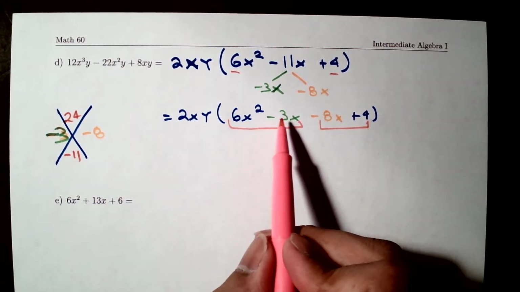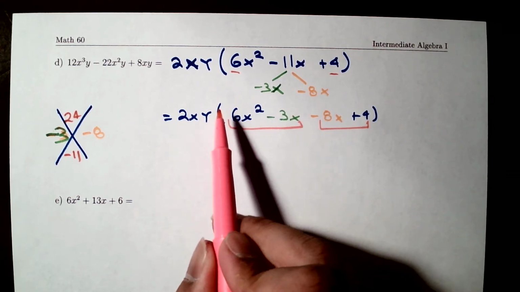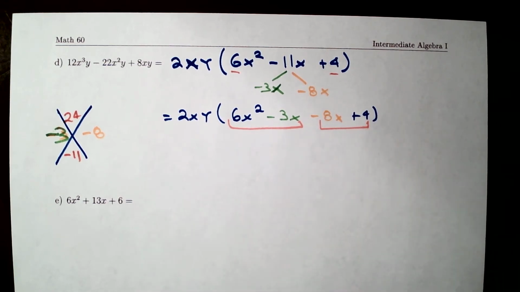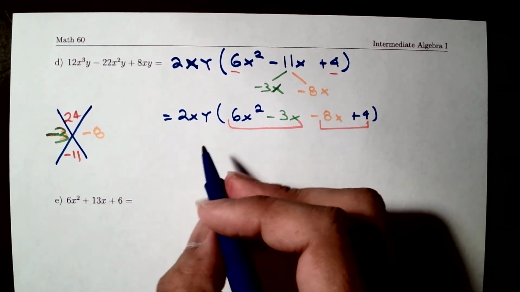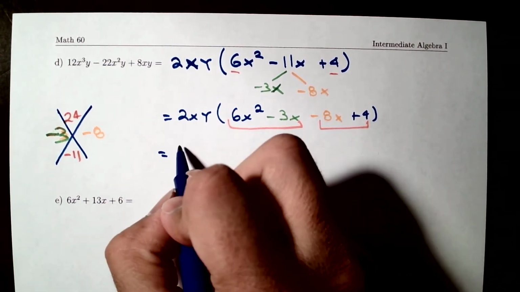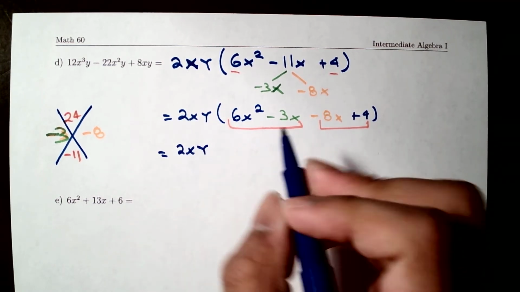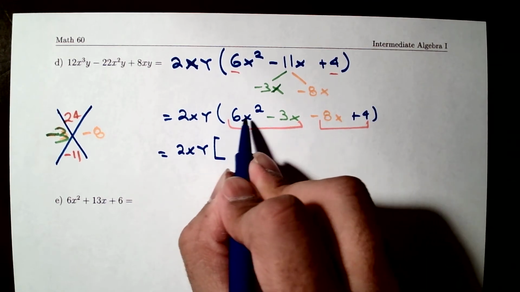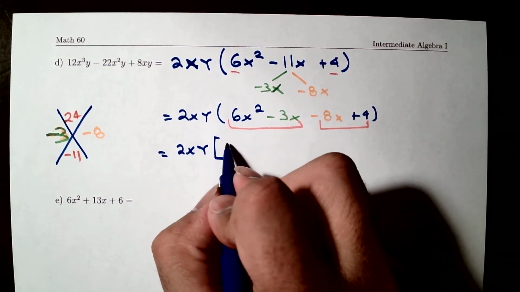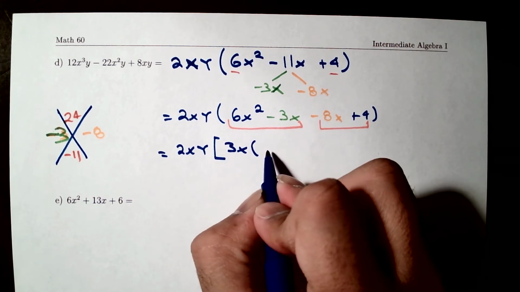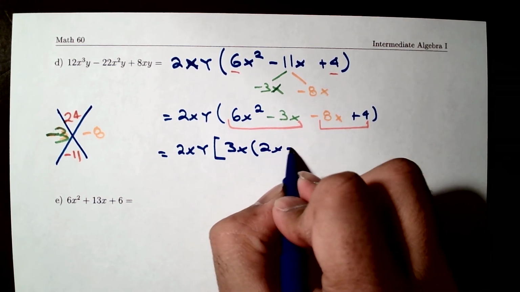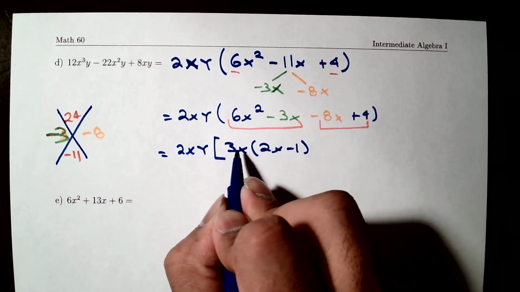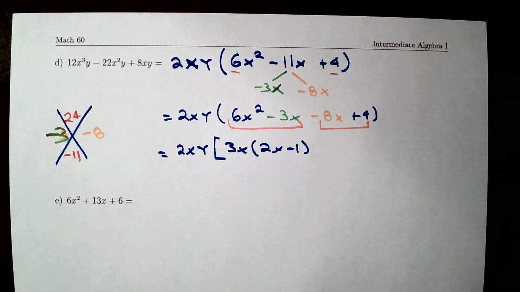Because of the need for parentheses inside parentheses, I'm going to turn these outermost parentheses into brackets. So 2xy times, the GCF of this first group will be 3x times 2x minus 1, because 3x times 2x equals 6x squared, and 3x times negative 1 equals negative 3x.